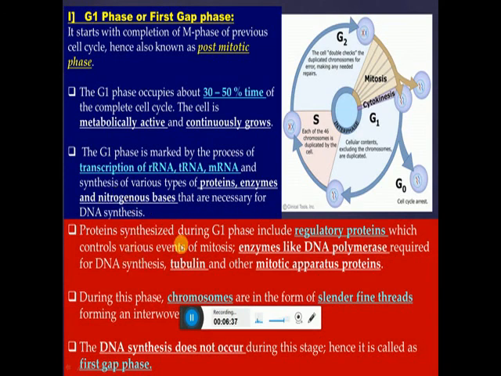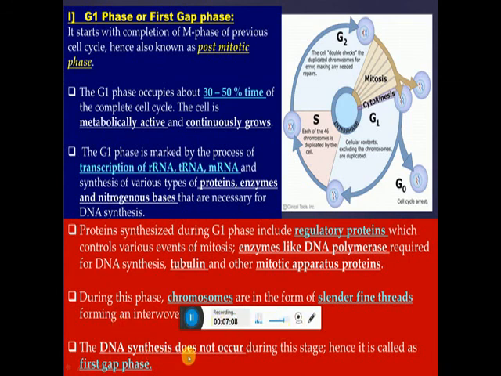Proteins synthesized during the G1 phase include regulatory proteins, which control various events of mitosis, enzymes like DNA polymerase required for DNA synthesis, tubulin and other mitotic apparatus proteins. During this phase, chromosomes are in the form of slender fine threads forming the intervening chromatin structures.